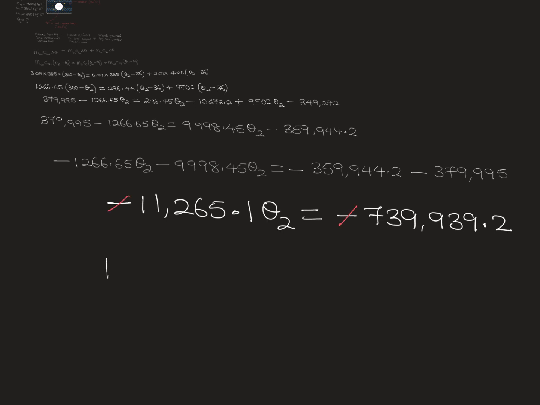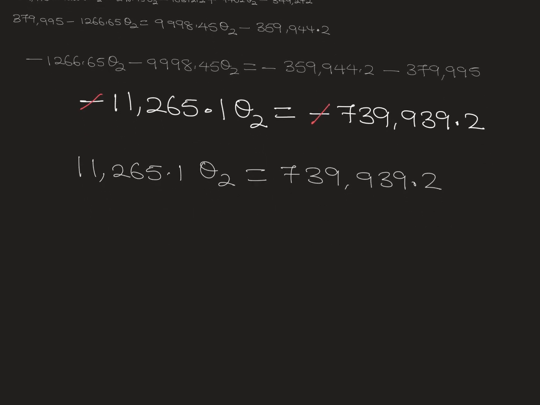So the negative signs can cancel. Therefore, we'll have 11,265.1 theta 2 equal to 739,939.2. To find theta 2, I will divide both sides by 11,265.1.